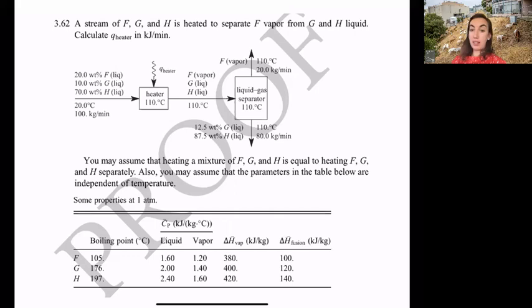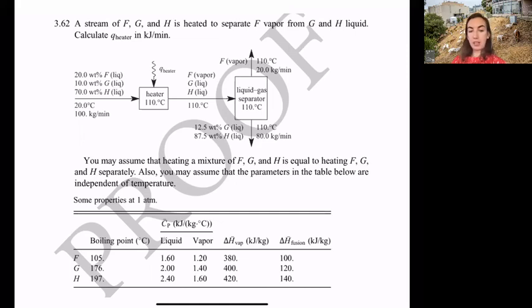If you want a hint before you pause and practice, you'll notice that the boiling points of G and H are 176 and 197, so we're not anywhere close to that. So what's going to happen to G and H is they're both going to need to be heated as liquids from 20 to 110. There's no phase change involved there.